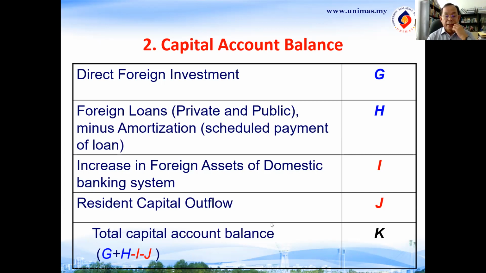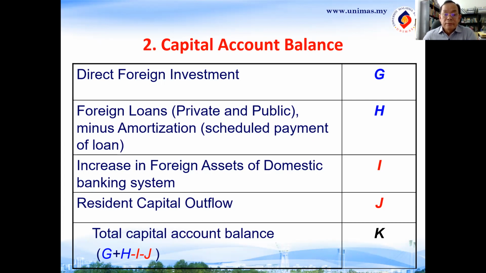Right? And then the other component of the capital account balance is the resident capital outflow, and this is actually the money that is flowing out of the country, either the resident ataupun penduduk tempatan melabur di luar negara ataupun menyimpan uang di luar negara. So in terms of the total capital account balance, it would be G plus H minus I minus J, and that would be K. That is the K ataupun the capital account balance.